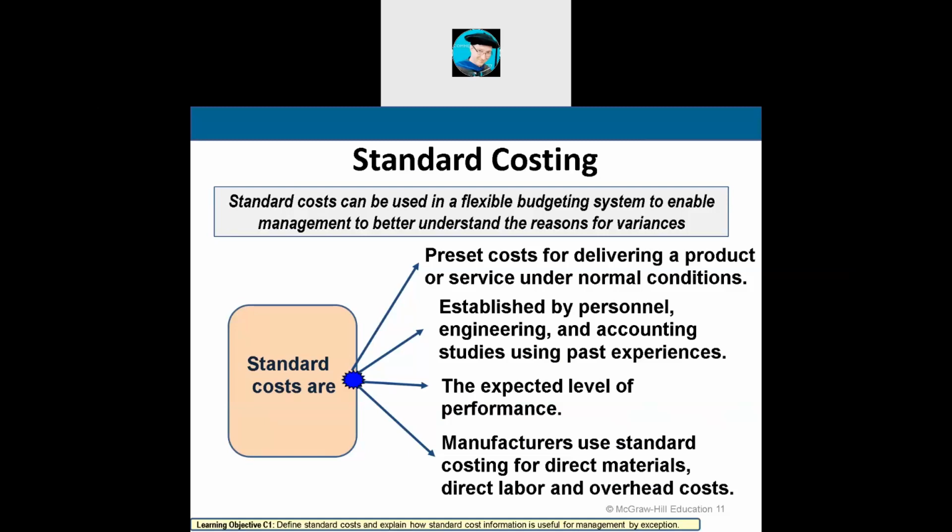I expect it, it's standard. I budget, it's standard. This is what it normally costs me, it's standard. All those words can be used to describe standard costs. We expect it, it's standard. That's how I want you to think of that.